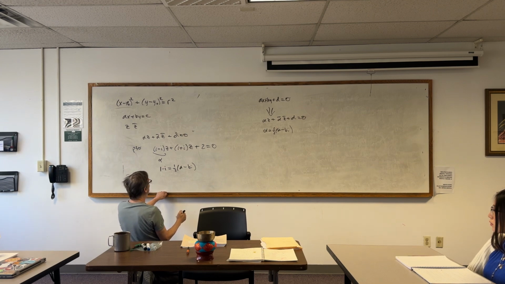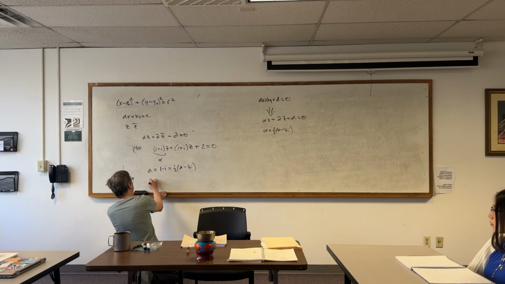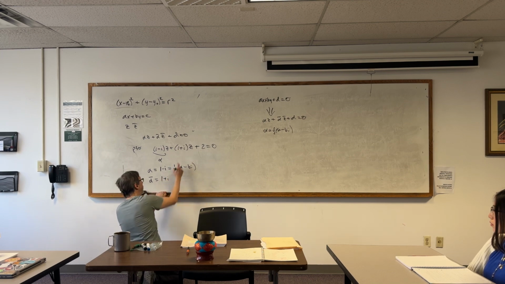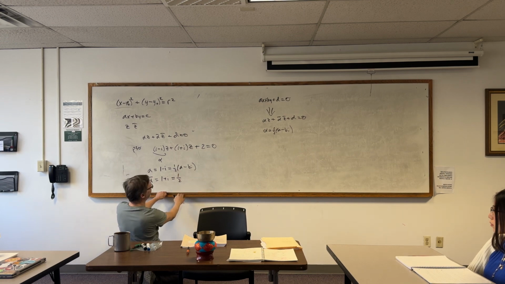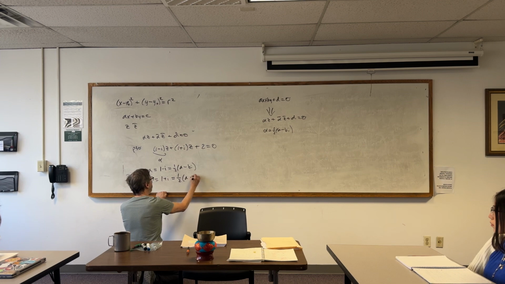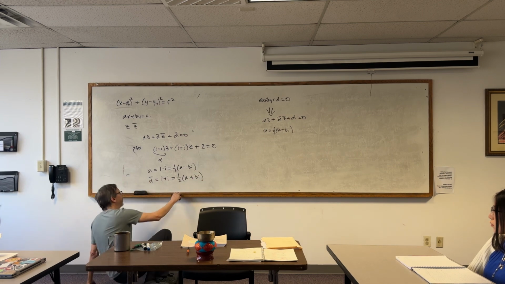And alpha conjugate, so this is alpha, and alpha conjugate is 1 plus i, I'm just literally taking the conjugate there, and that is equal to, I don't know if this is going to help me here or not. Let's take a look and see what's up. I think these might actually just say the same thing. That's alpha conjugate right there.